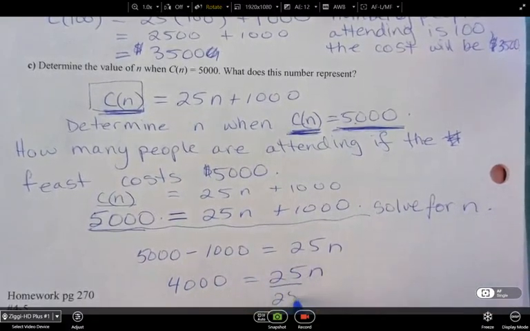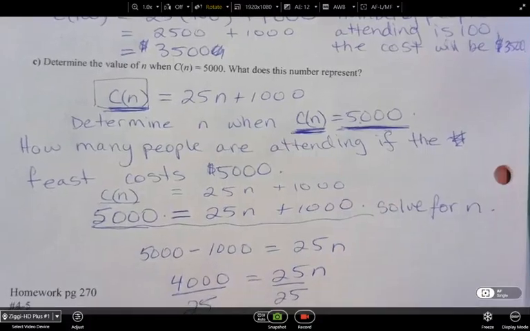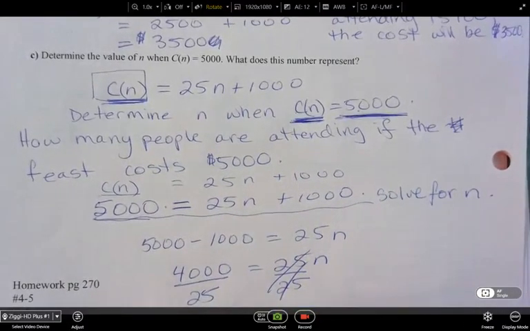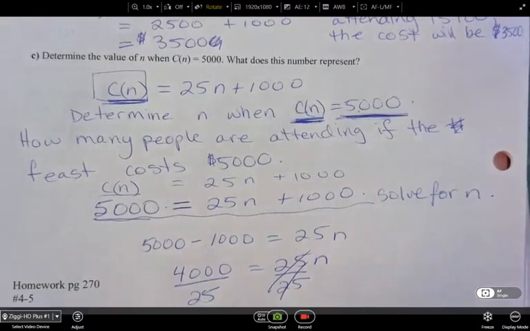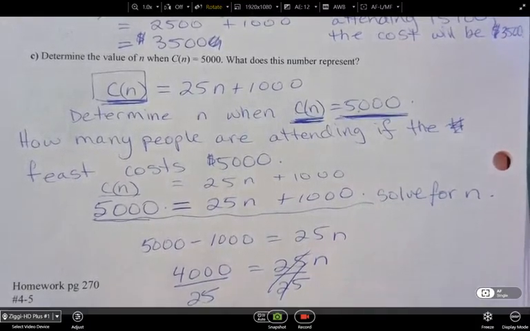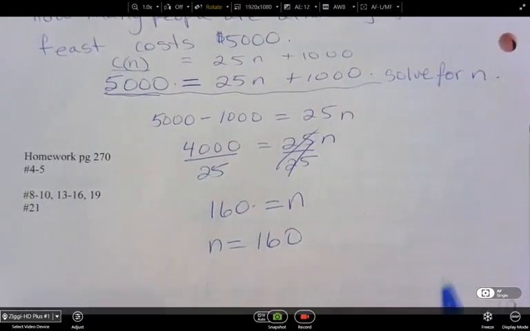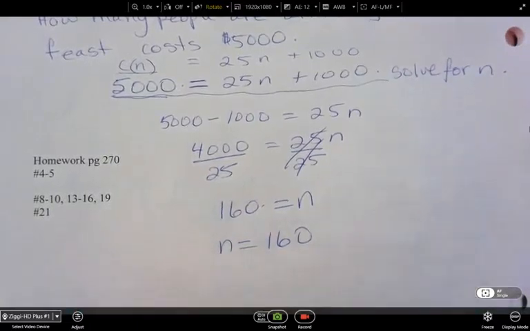Divide both sides by 25, and then this becomes n, and n equals what? 160. So we have n equals 160. So what does that mean now? Yeah, so when the cost is $5,000, that means that 160 people attended the feast.